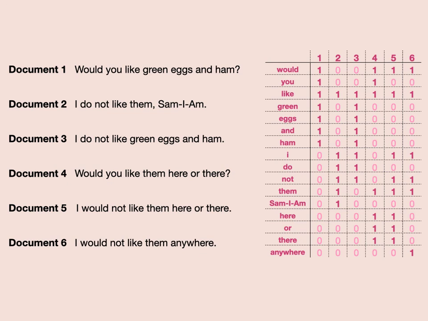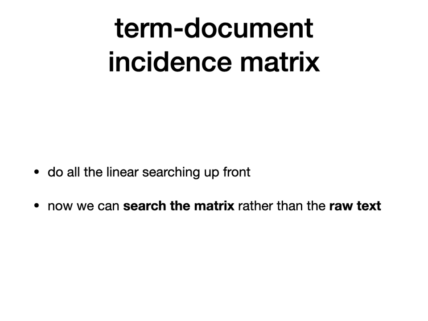We're getting very close to the key concept of what information retrieval is all about. Because we've taken documents and turned them into this intermediary lookup structure that we can now use to filter down our set of documents. So we do all this linear searching up front, and now we can search the matrix instead of the raw text.